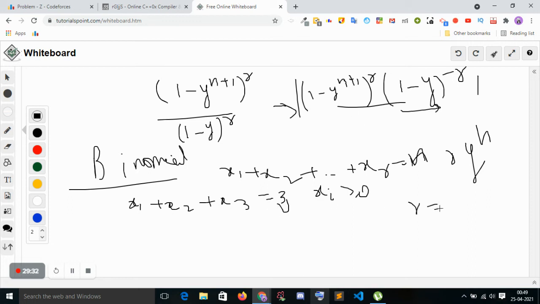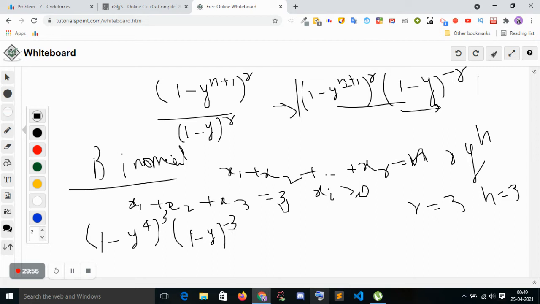So I am putting here 1 minus y to the power 4, that is 3 plus 1 is 4, to the power 3, over 1 minus y to the power minus 3.